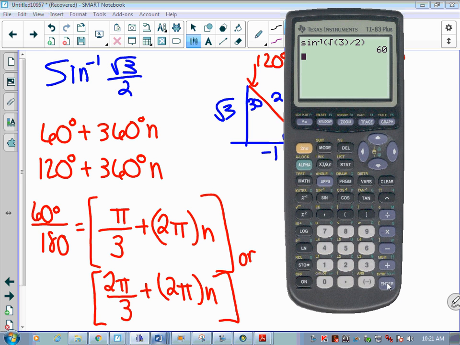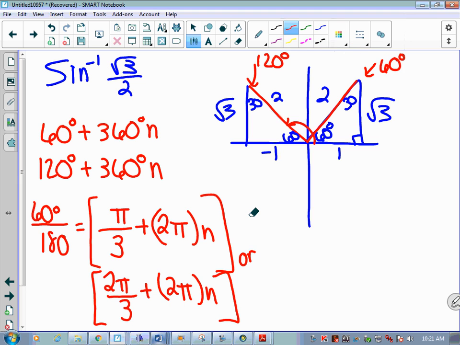How did I get 120? Let me go back. Okay, look. The original question was radical 3 over 2, where positive radical 3 has to be opposite, right? And 2 is my hypotenuse. Well, do you see how, because this is opposite and it's positive, we're above the x-axis, I get a positive radical 3 here as well? And my hypotenuse is 2, which means my adjacent is negative 1.